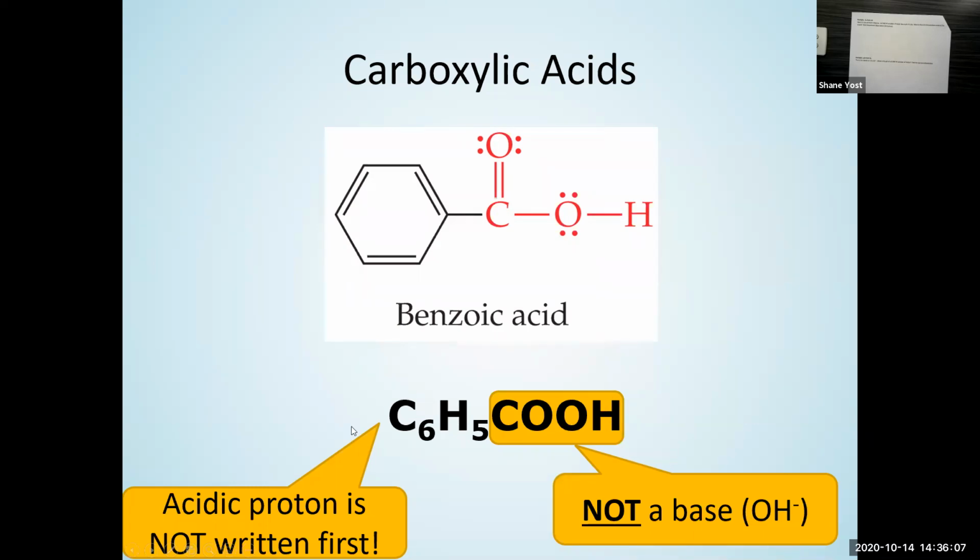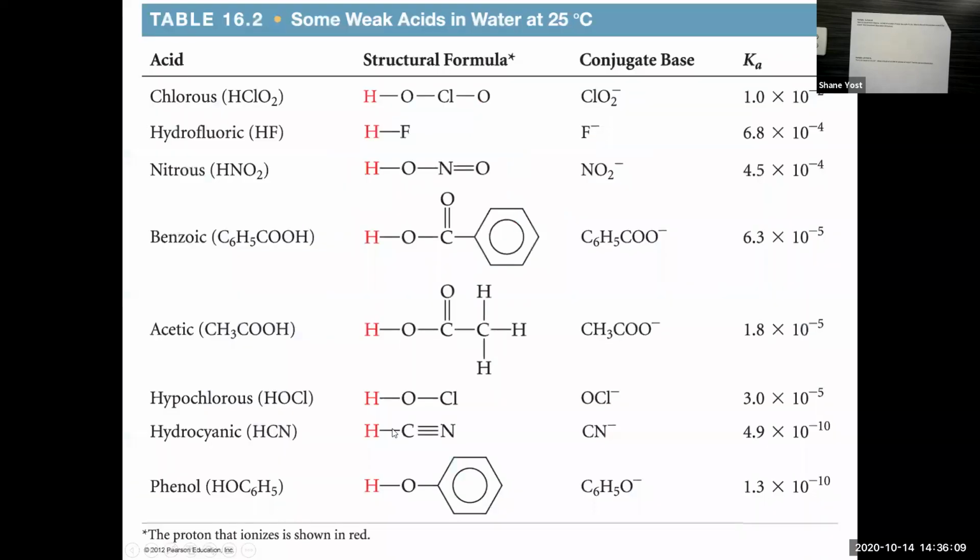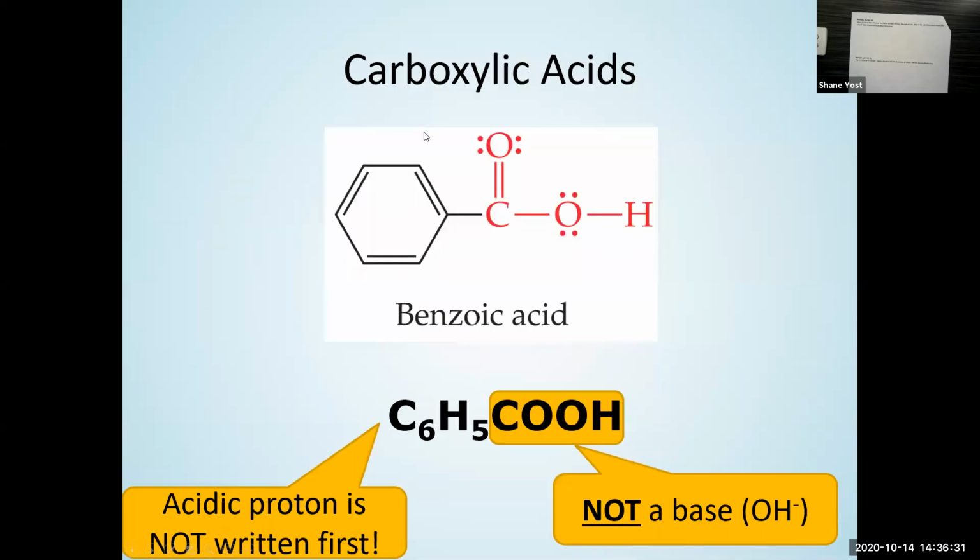A lot of the other acids, like HF, HNO2, HOCl, and HCN, have the acidic hydrogen written at the front of the molecule, but these carboxylic acids will often have the formula written with the acidic hydrogen at the end.